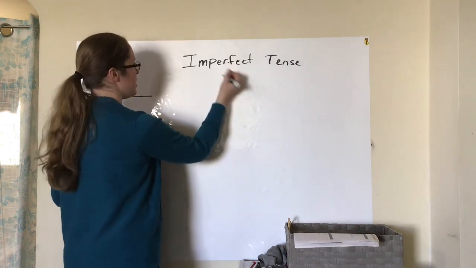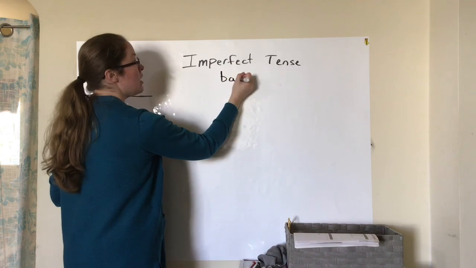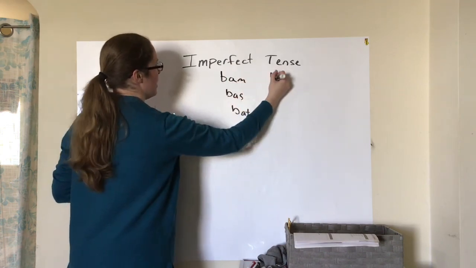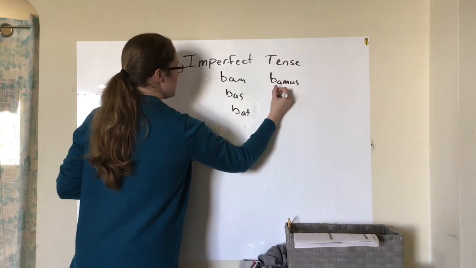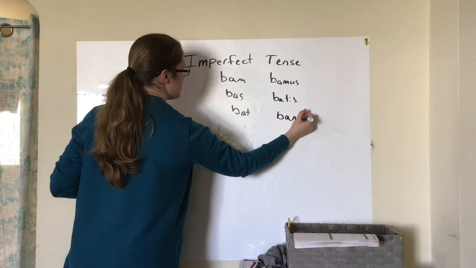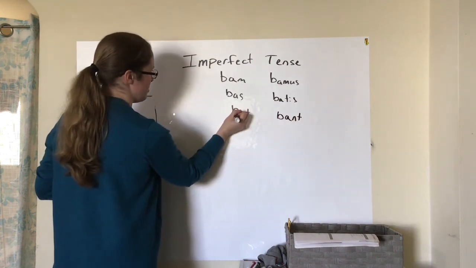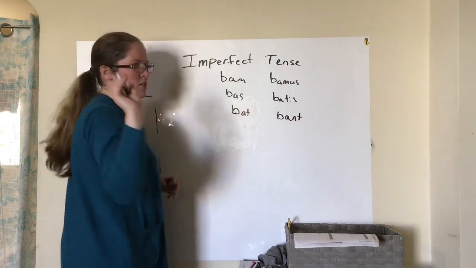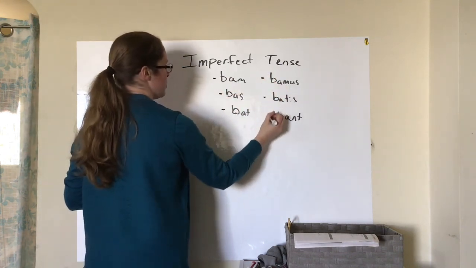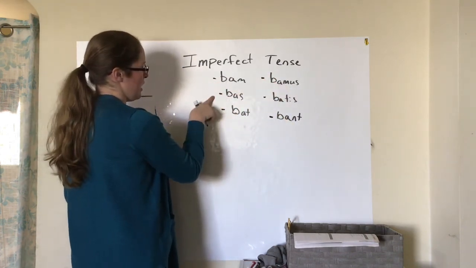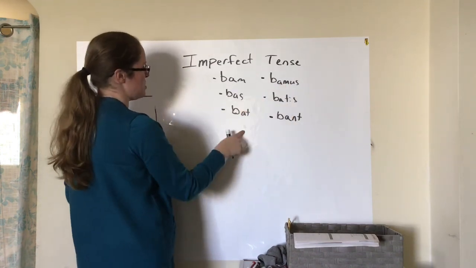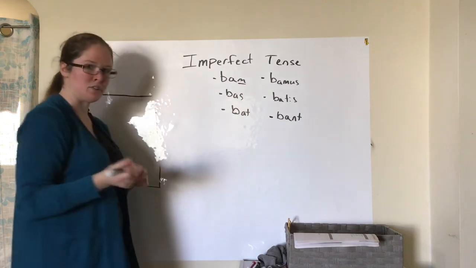And our endings are bam, bas, bat, bamus, batis, and bant. Okay, I think that's legible. Some of my B's are questionable, but you guys are 6th graders, you can handle it. Those are our endings for the imperfect tense. I, you, he, she, it, we, you all, they. Remember we've talked before, you just put a ba in front of the endings we're used to, except for this guy, because he's extra special. M is for me.